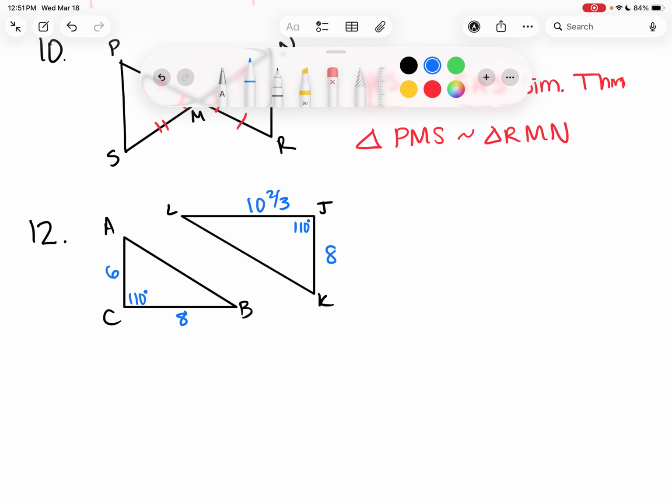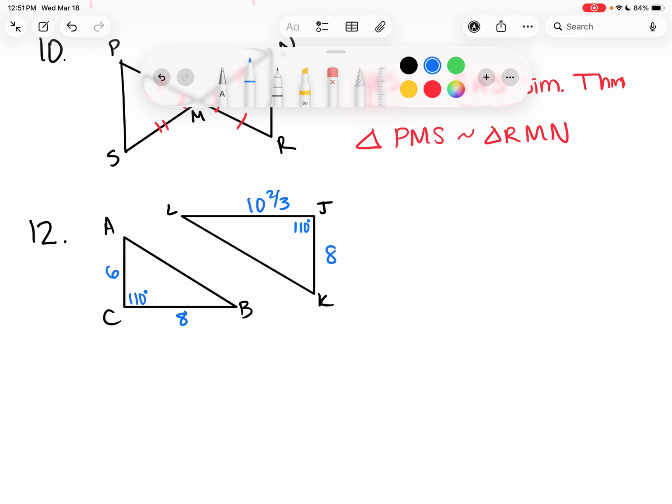So can we tell right away if these are similar or not? Nope, I can't. The other one I could because they were marked as congruent, but I need to evaluate. I know that the angle is the same, both 110 degrees, even though they look like right triangles.